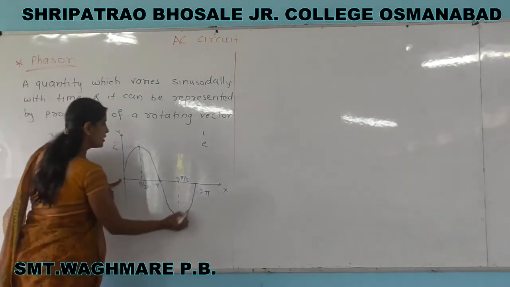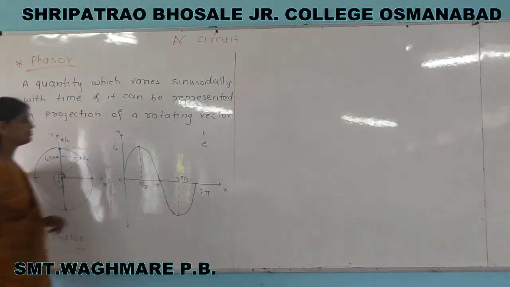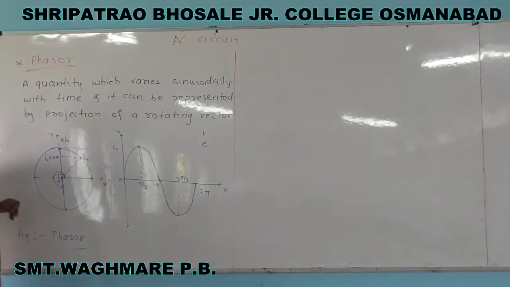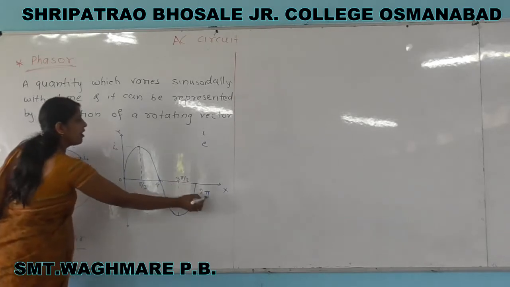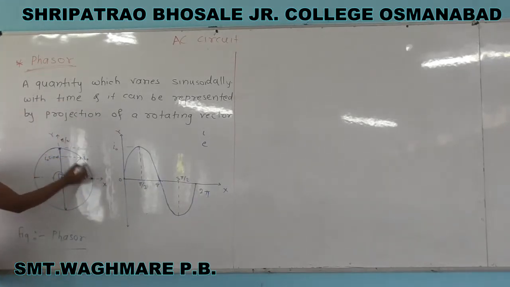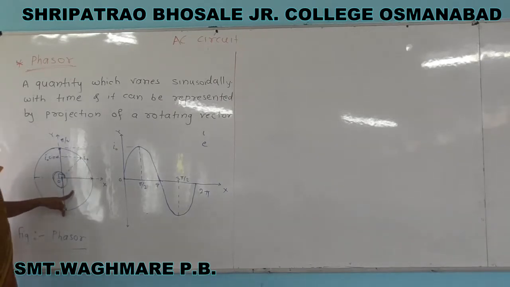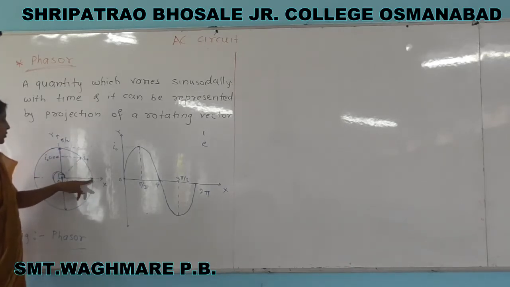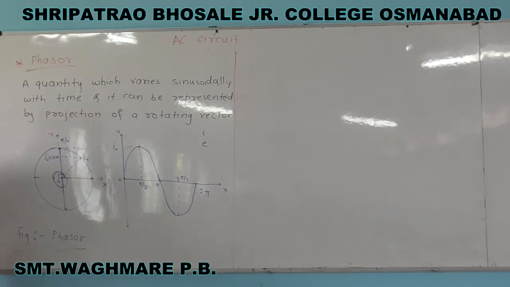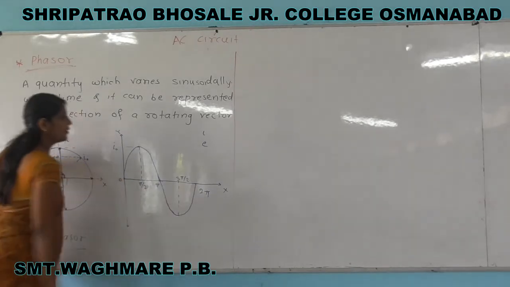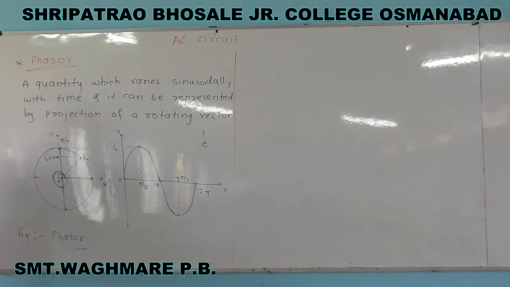Then this wave also completes one cycle, and the total angle is 2 pi, that is 360 degrees. When this vector rotates from this position again, we get this type of wave here, and this is called the phasor.